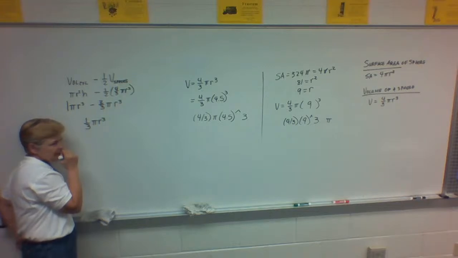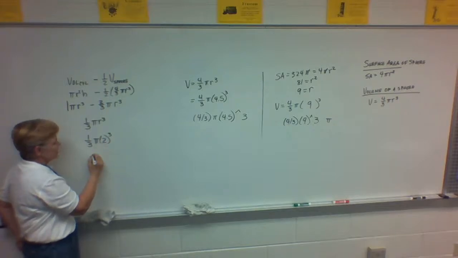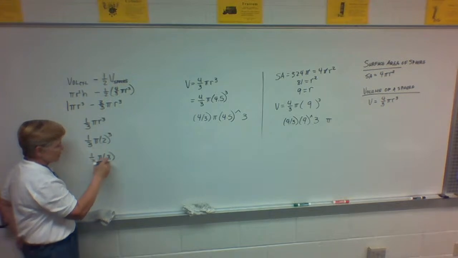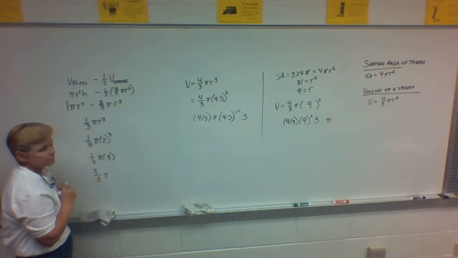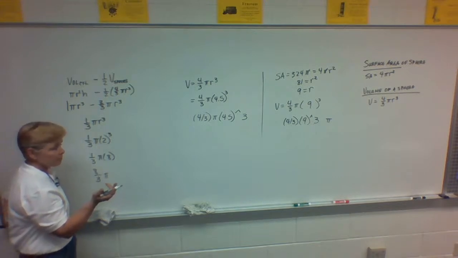Now, did they give us any indication what the radius is? 2? That's easy. 1/3 pi times 2 cubed, that's 8. So I have 1/3 pi times 8. Since that's a fraction times a whole number, that would be 8/3 pi cubic units. What are the units in? Inches.